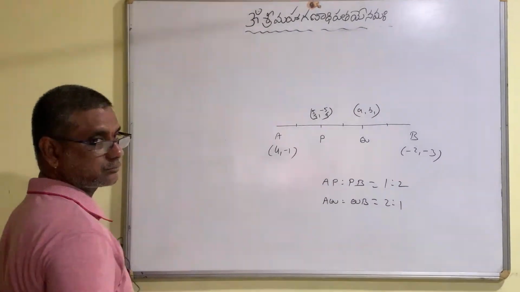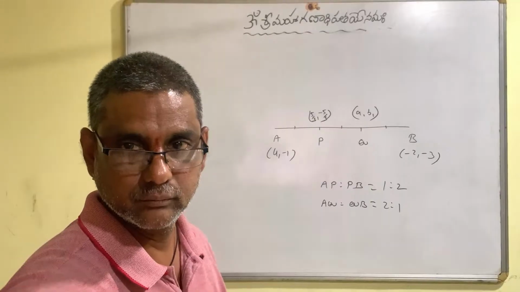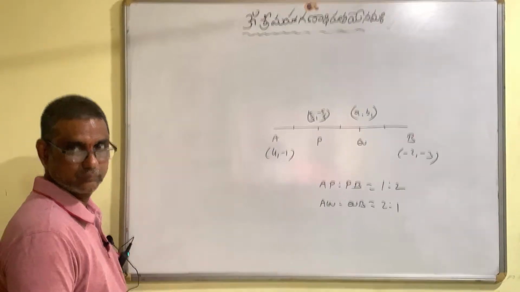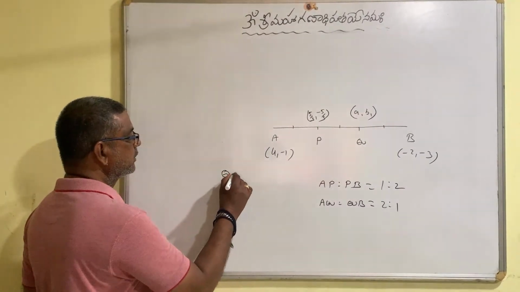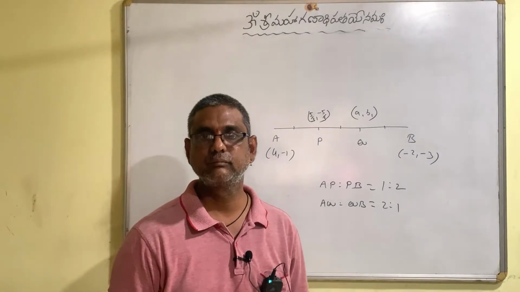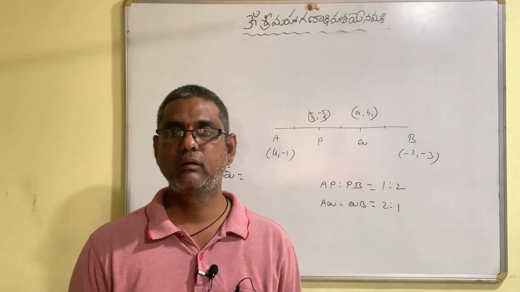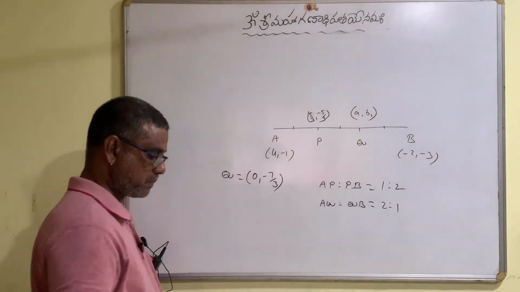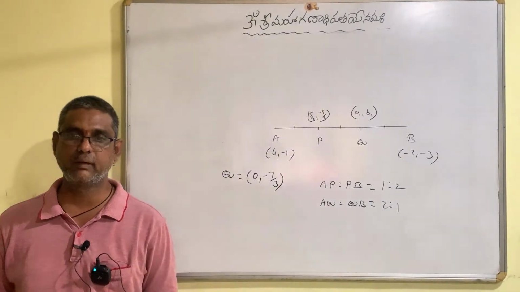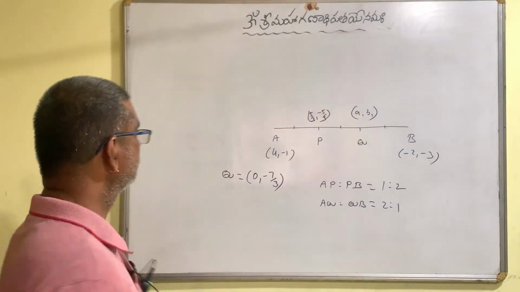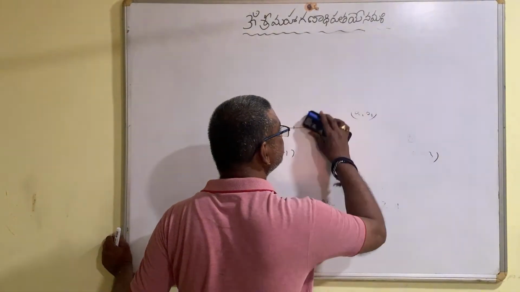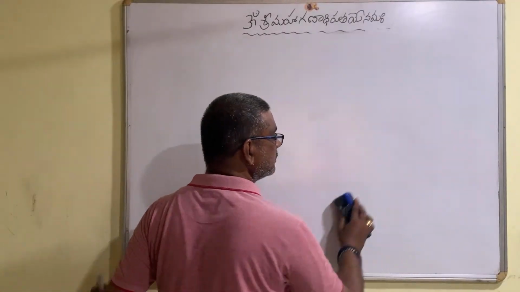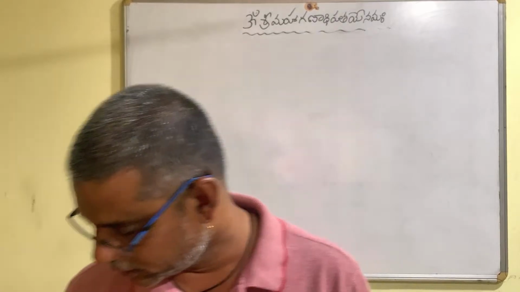Coordinates of Q. Q coordinates. 0, minus 7 by 3. 0, minus 7 by 3. Very good. Good. Next question.